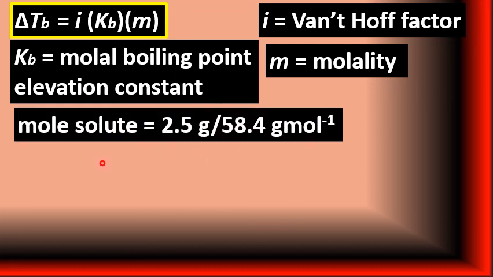So, in this example, we first compute the number of moles of the solute, which is 2.5 grams divided by 58.4 grams per mole. 58.4 grams per mole is the molar mass of sodium chloride.